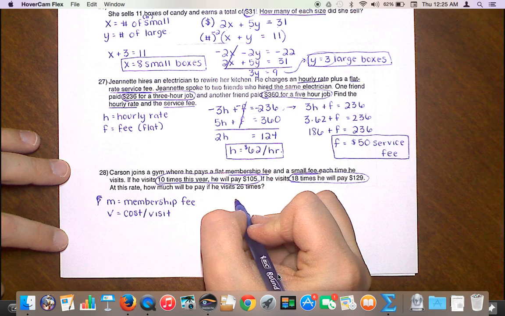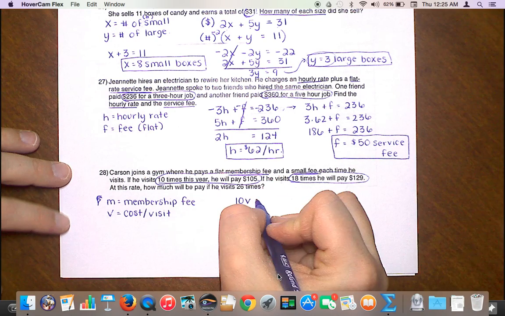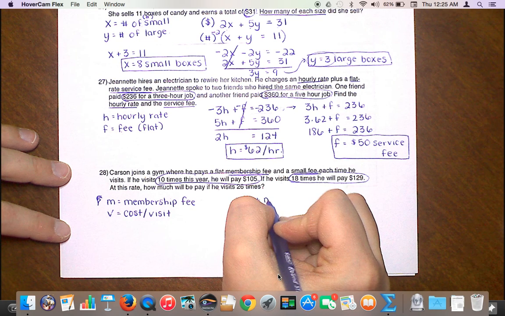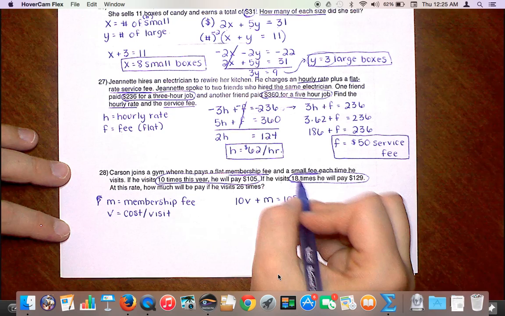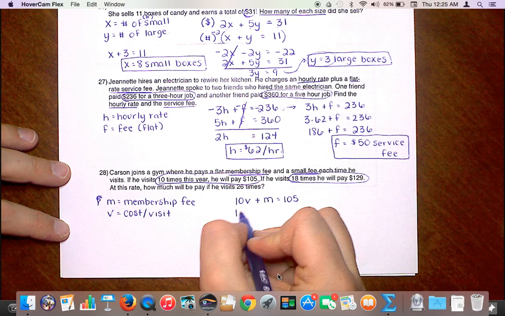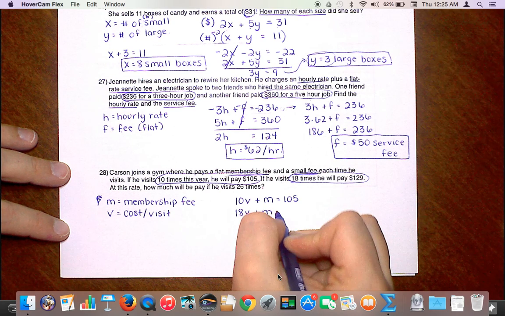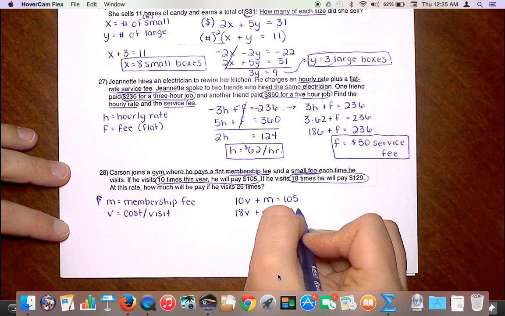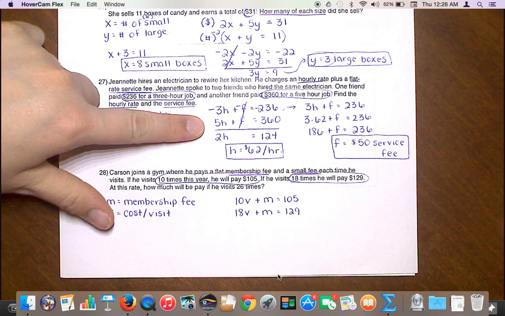So I know I'm going to pay for 10 visits, right? But I'm also going to pay for my membership fee. And that's going to equal $105. And then if I visit 18 times, I'd be paying for 18 visits plus my membership fee, and that'd be $129. Just like before, this one's going to solve very similarly to this one.